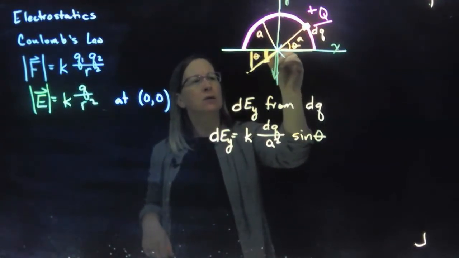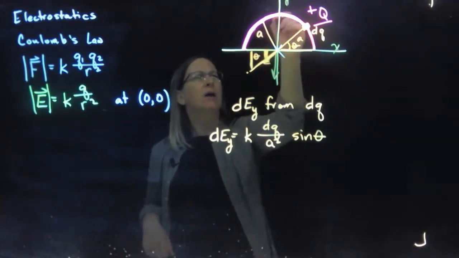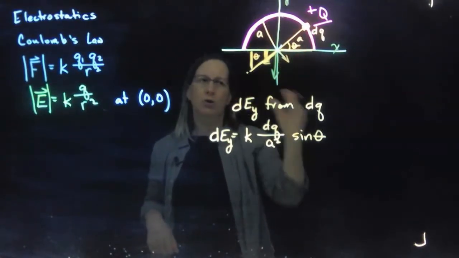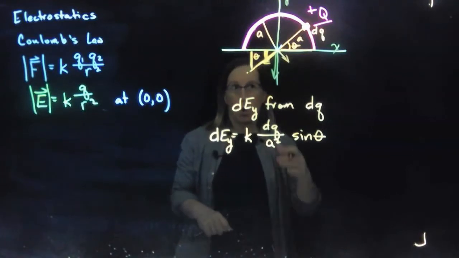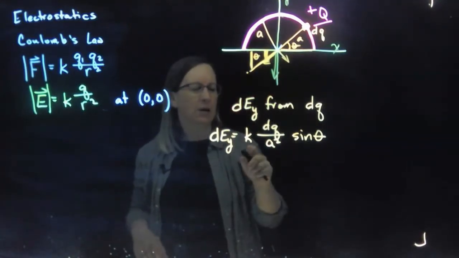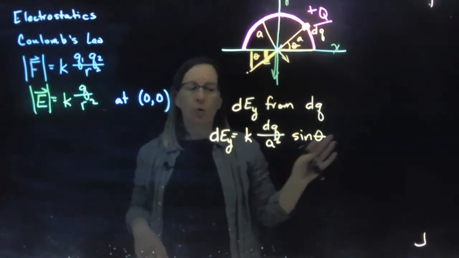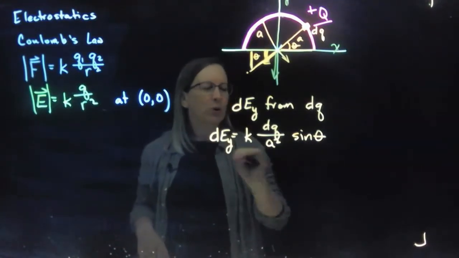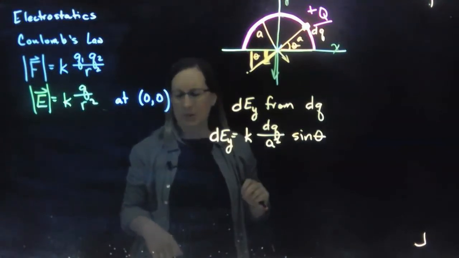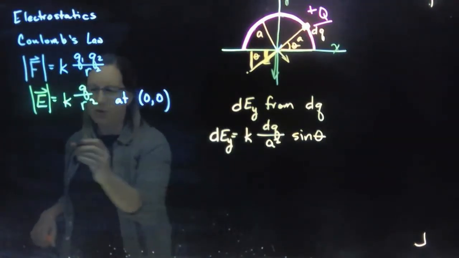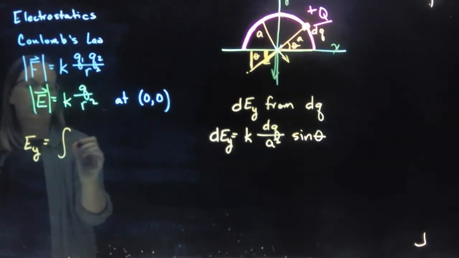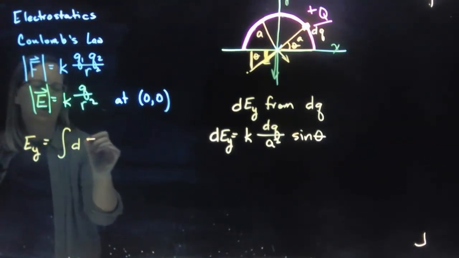In other words, it's a little tiny bit there, and then some other piece over here would have some small contribution that has a y component. And we don't have to worry about the x components. And when I write it like this, I hope you can see I'm setting it up to say my electric field in the y direction, which we know points down, is equal to this integral of dEy.